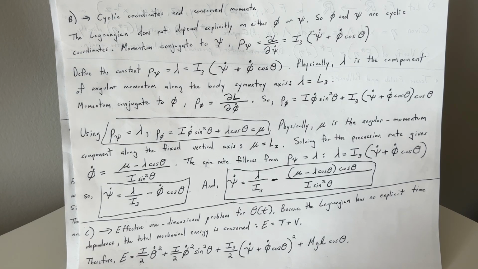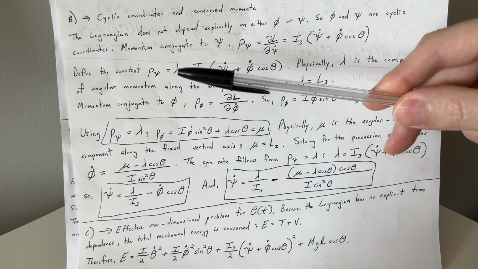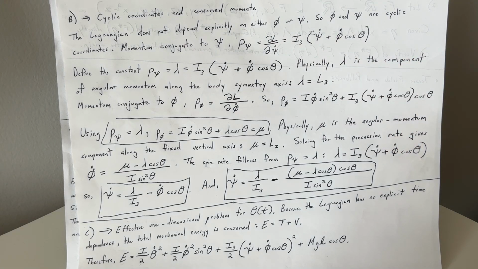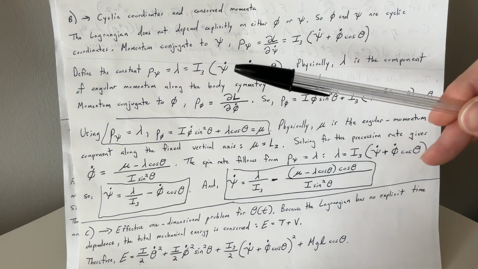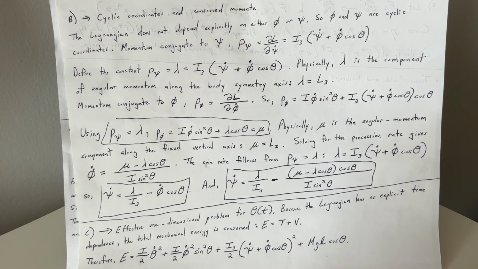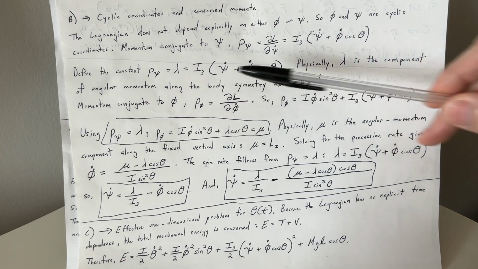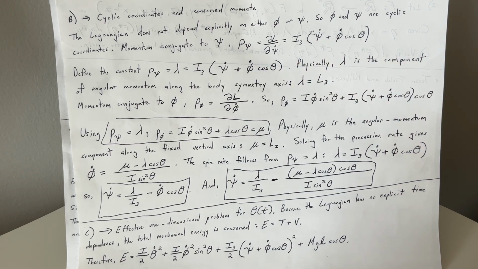equals I sub 3 times the quantity psi dot plus phi dot cosine theta. So we define a constant p sub psi equals lambda equals I sub 3 times the quantity psi dot plus phi dot cosine theta. So physically, lambda is the component of angular momentum along the body symmetry axis, and lambda is going to equal L sub 3.